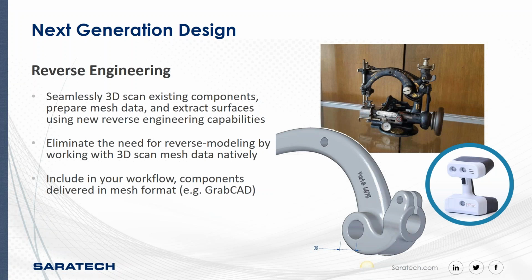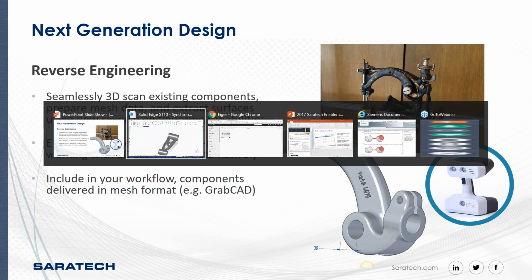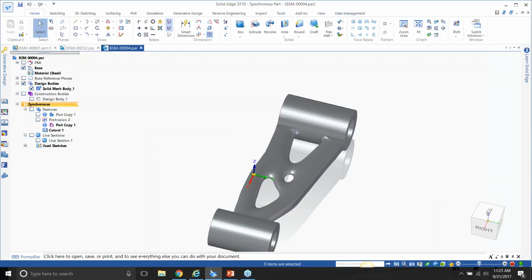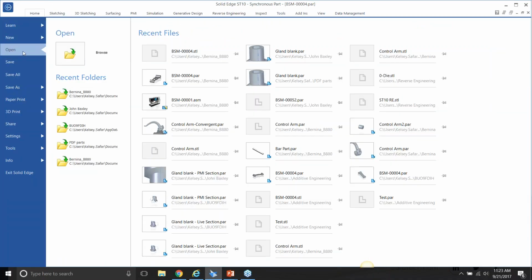If you take a look at the control arm, how it's really curved, say you wanted to create a design that's a little more retro and take inspiration from that, but there's no CAD model for this old Bernina sewing machine. What you would do is take a 3D scanner, import that STL file within Solid Edge, and work from there. That is exactly what we're going to do today.